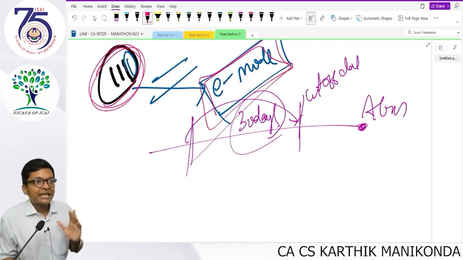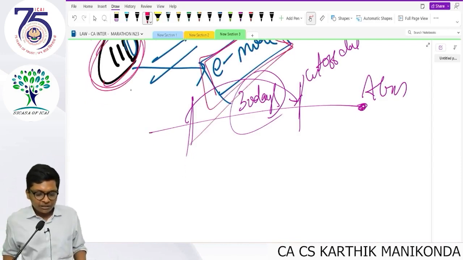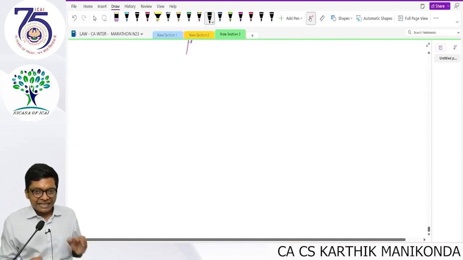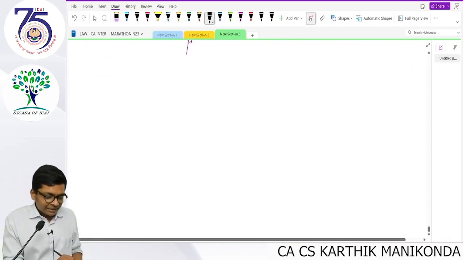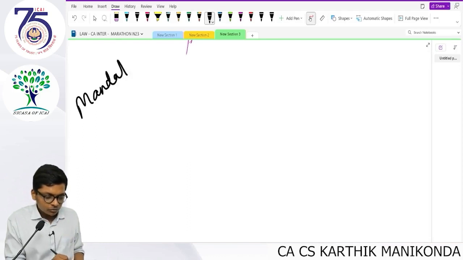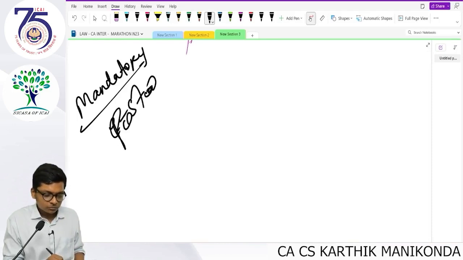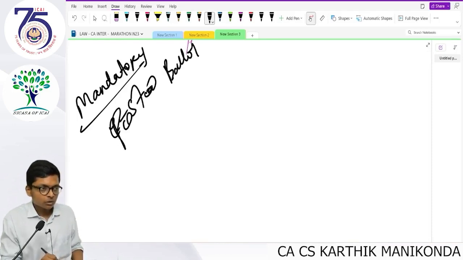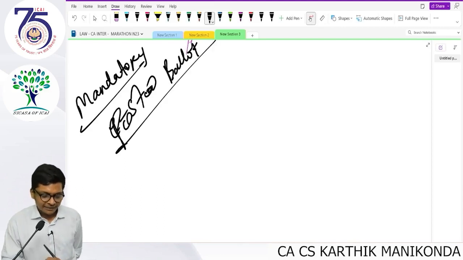But that's not relevant, because today they are saying it is equal to postal ballot if voting happens in e-mode. What is important in this section? The following transactions are mandatory to vote in postal ballot. What are they? These are all mandatory, guys.